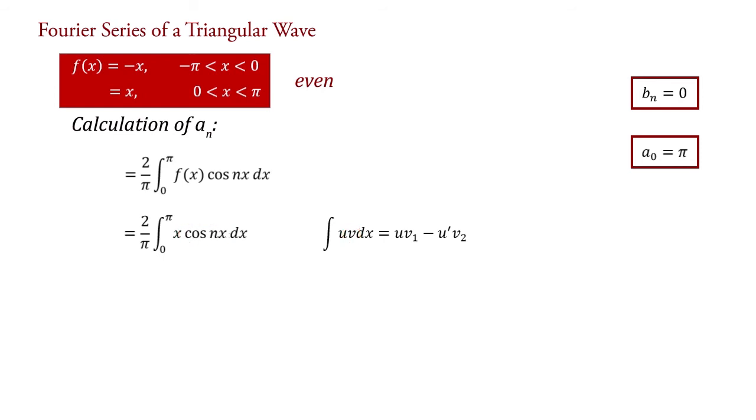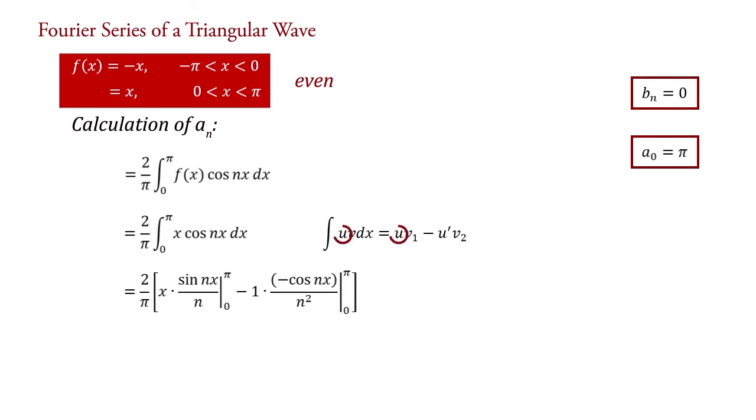In our formula, u equals x and v equals cos nx. Therefore, integral 0 to pi x cos nx equals x sin nx upon n, limit 0 to pi, minus 1 into minus cos nx upon n square, limit 0 to pi.